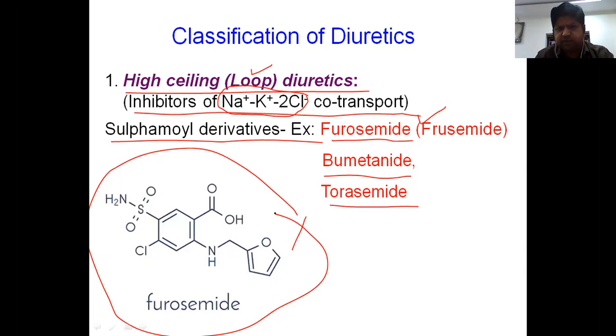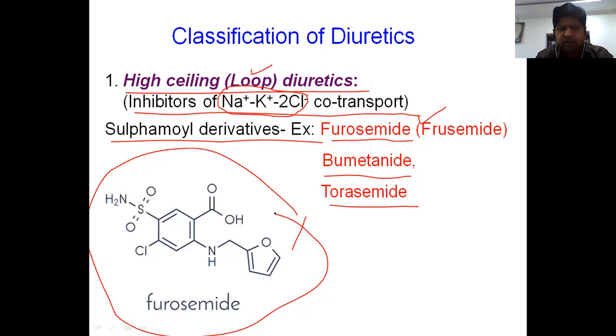High ceiling diuretics are the most effective among all diuretics, and they act at the ascending limb of the loop of Henle by inhibiting the sodium potassium chloride co-transport system, which absorbs a large amount of sodium and water there.